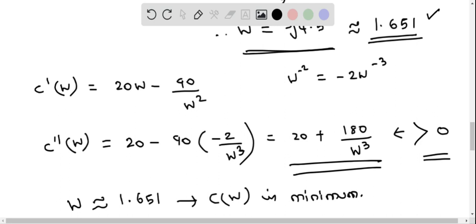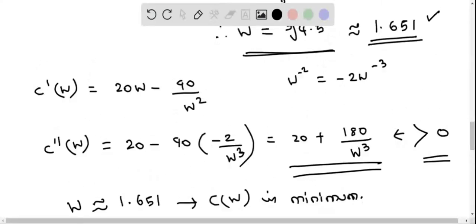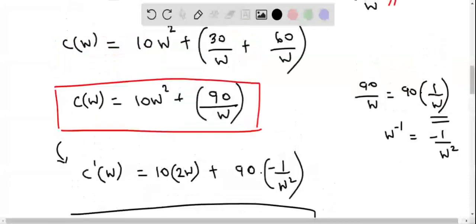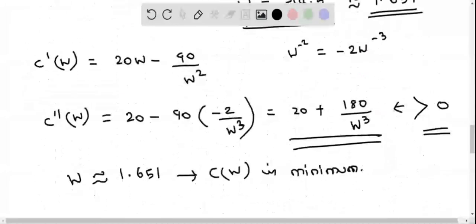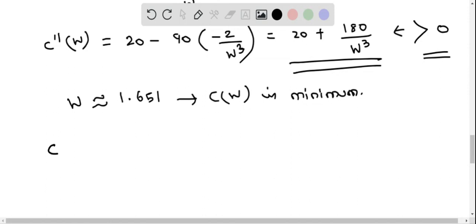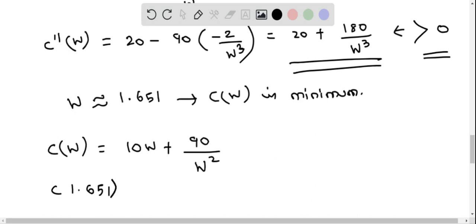To find the corresponding cost, all we have to do is plug this value of W into our cost function. So let's go back and take our cost function. In this we have to plug the value of W equal to 1.651. Our cost function is C of W equals 10W square plus 90 by W. So then we have to find C of 1.651.